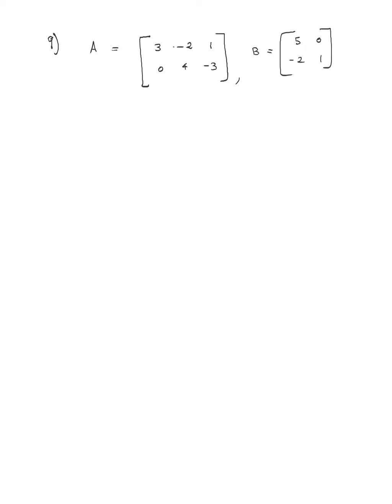So here I have 2 rows and 3 columns, and I have 2 rows and 2 columns. The condition for multiplication is that the columns in the first matrix should be equal to the rows in the second matrix, but these are not equal. So that means the multiplication is not defined, or it's not possible.